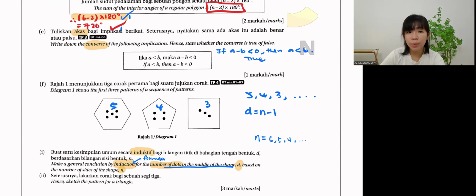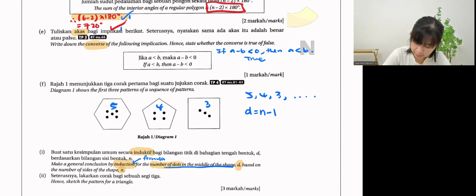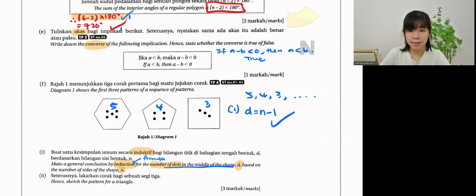No, the n must start with either 1, 2, 3, 4 following sequence, or 0, 1, 2, 3. Yeah, based on the diagram. So that's why you don't have to purposely write it. Okay, this can be the answer already. You don't have to add on n equals what. No need.